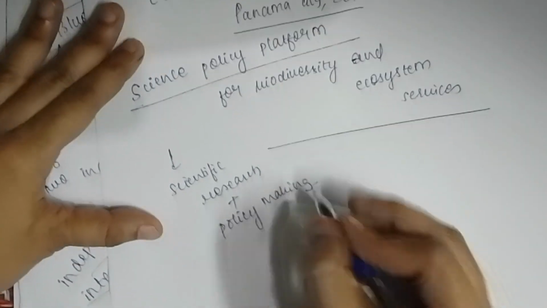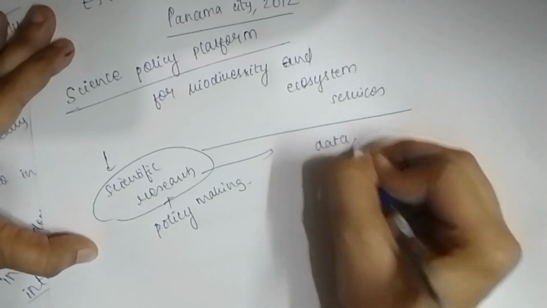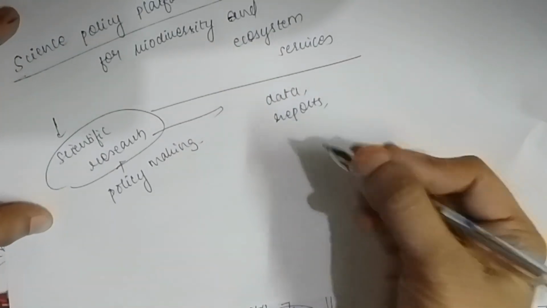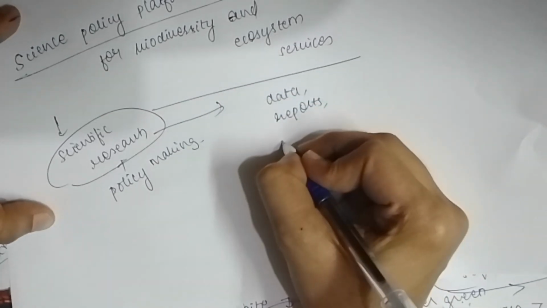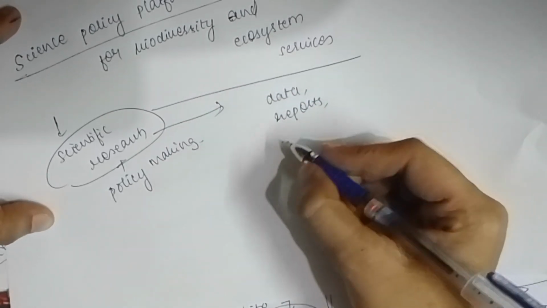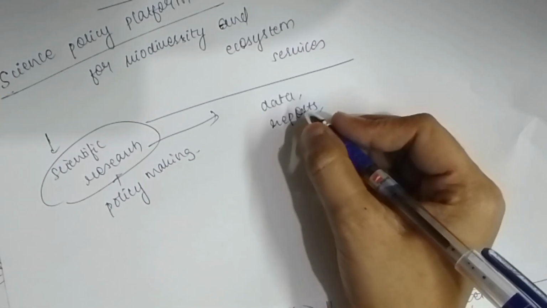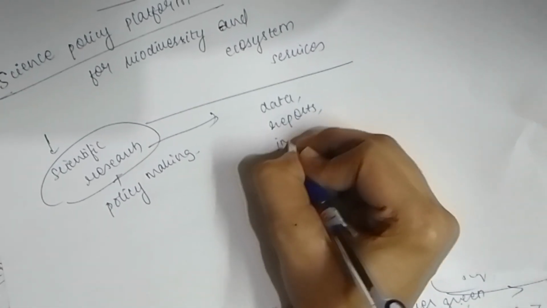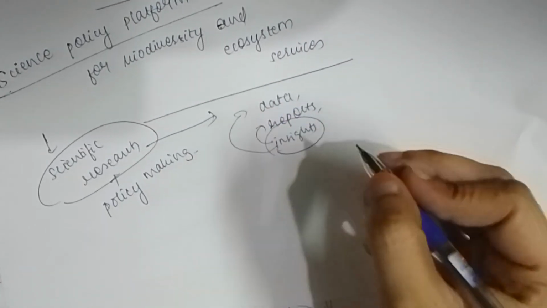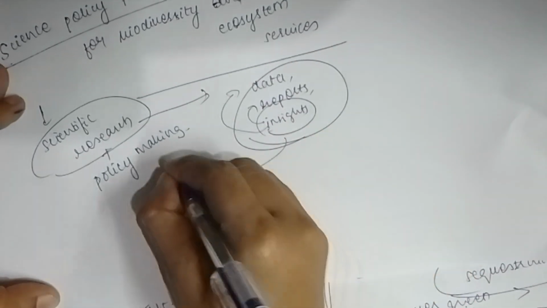When you say scientific research, you get insights into data, into the reports, and after performing the experiments you get the data, the results. So you get a lot of insights which are based on data and reports. They try to utilize this data and reports for policy making.